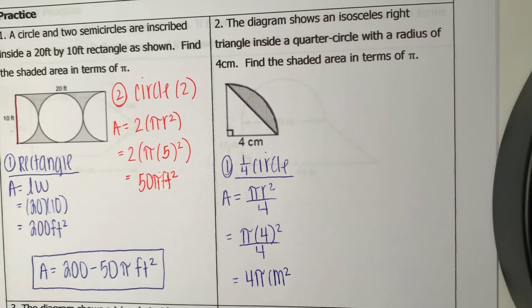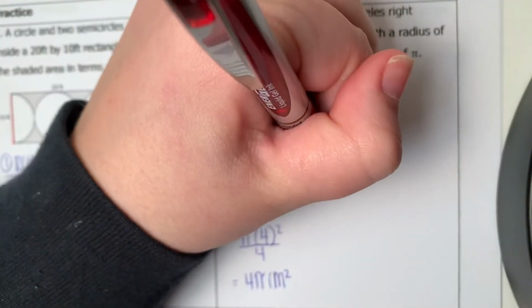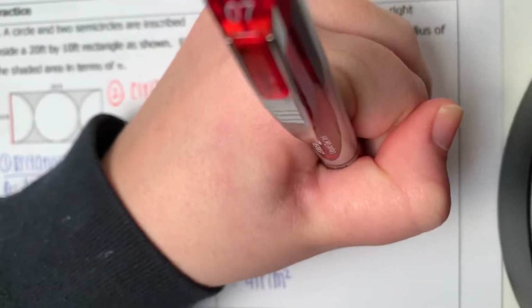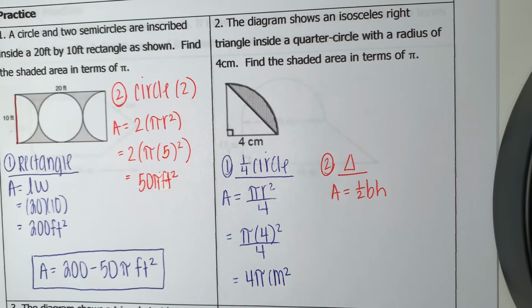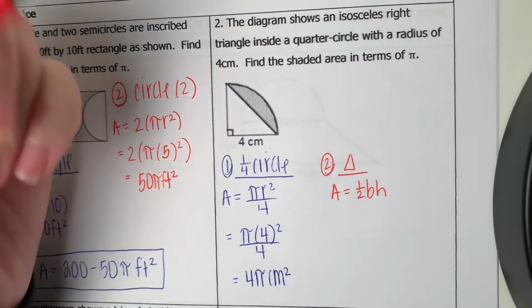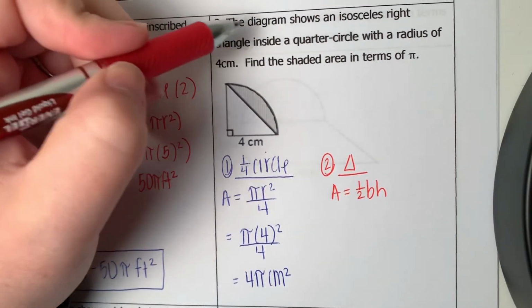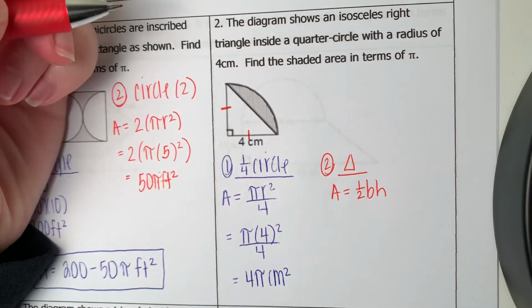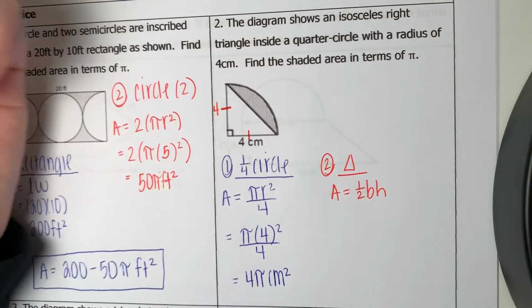Then the area of the triangle, we know that the area is 1/2 base times height. Okay. One thing we know that it is an isosceles right triangle, so that means that this side is congruent to this side, so this is 4 as well.